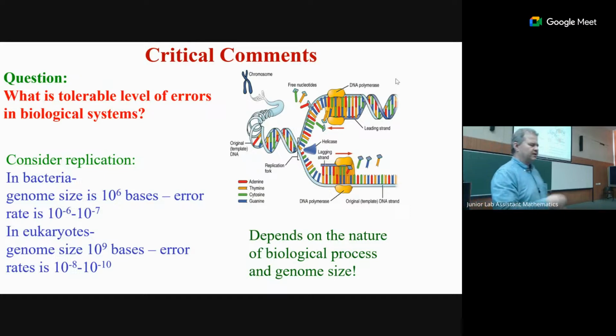So it seems that nature decided to do the following: as long as there is no more than one mutation per genome, that's okay. Why it decided this way, I don't understand, but that's a tolerable level. They decided it probably takes too many resources to keep it even lower. But as long as there's no more than one mutation per genome, that's how it works.